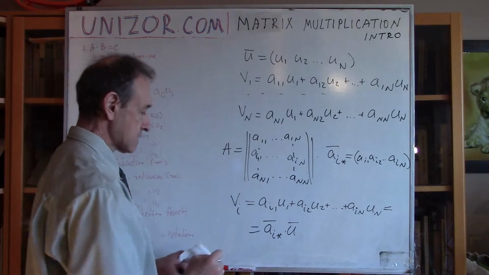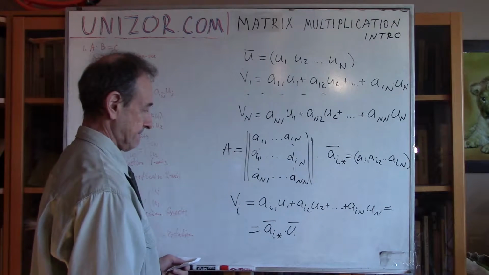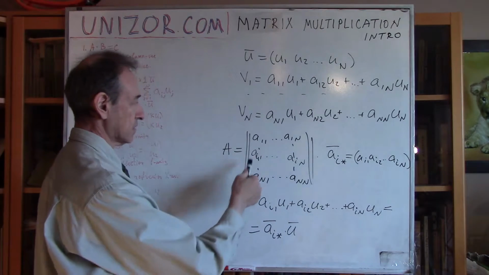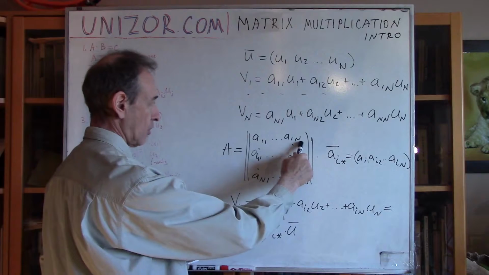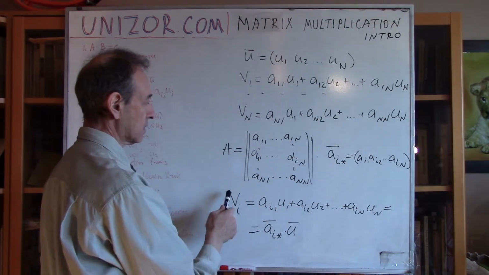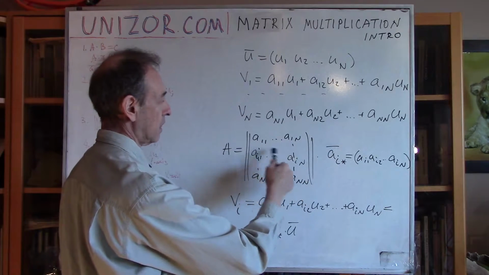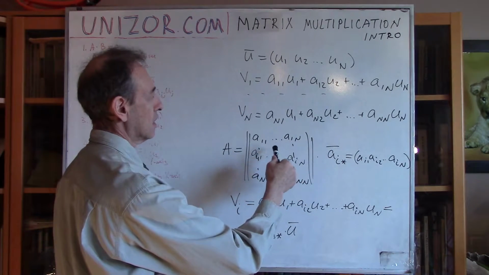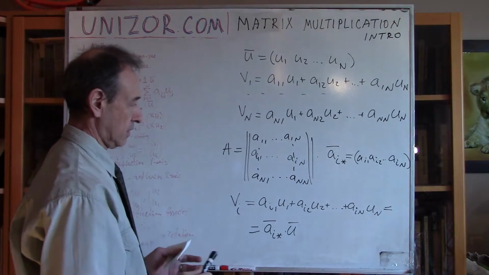So that's what the ith coordinate is. The first coordinate is the row vector in the first row, scalarly multiplied by our original vector. The second coordinate of the result is the second row vector of the matrix of transformation, multiplied as a scalar product by our vector, etc.